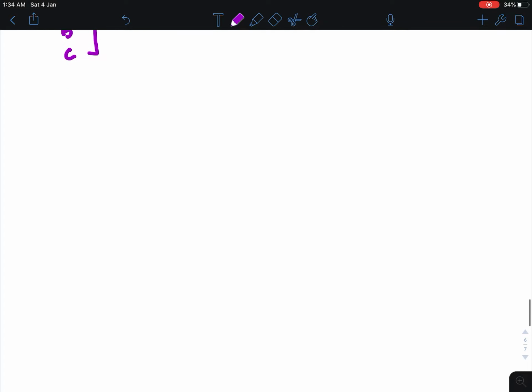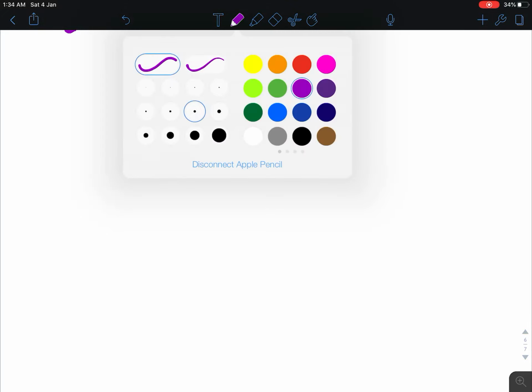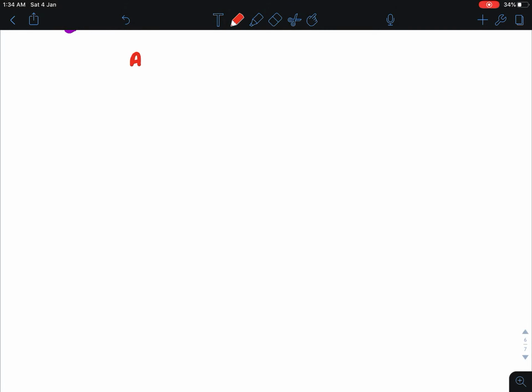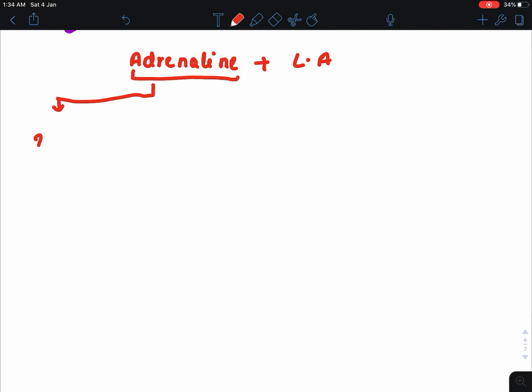Now I want to tell you the role of adrenaline when it is added to local anesthetics. There are two functions. Adrenaline is a sympathetic neurotransmitter, so it constricts the blood vessels.